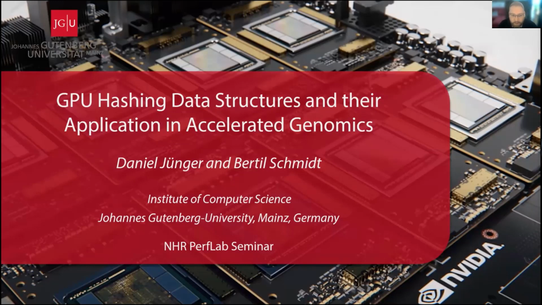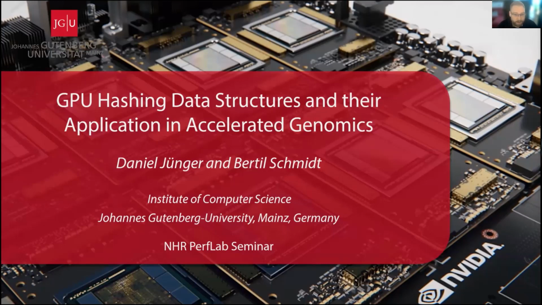So in this talk, we're going to discuss our recent work on accelerated hashing-based data structures on GPUs and how we were able to leverage the power of these data structures to accelerate a selection of common bioinformatics applications.